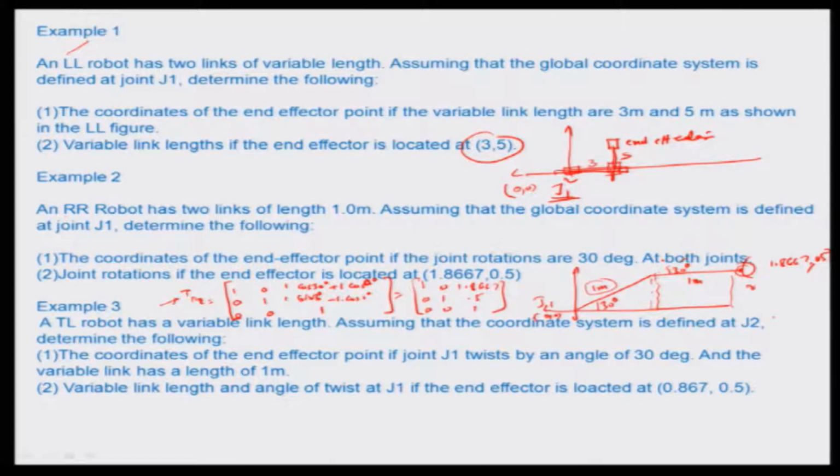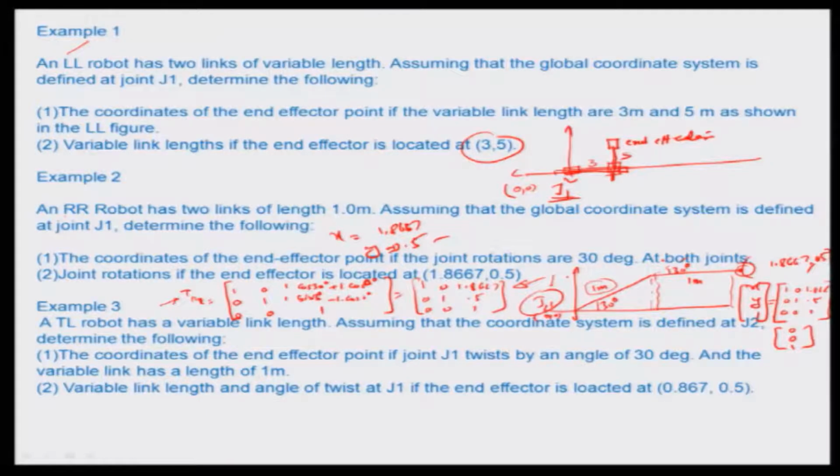So, the position vector for the end effector x y 1 should be equal to this TRR matrix, 1 0 1.866, 0 1 0.5, 0 0 1, times the matrix 0 0 1, which is the coordinate vector of the joint J1 in this particular case. And so this x y would actually become equal to 1.8667 and y would become equal to 0.5 as illustrated here. So, even using the transformation as well, you see we are able to figure out or map the end effector's position given the joint J1's position at the origin.